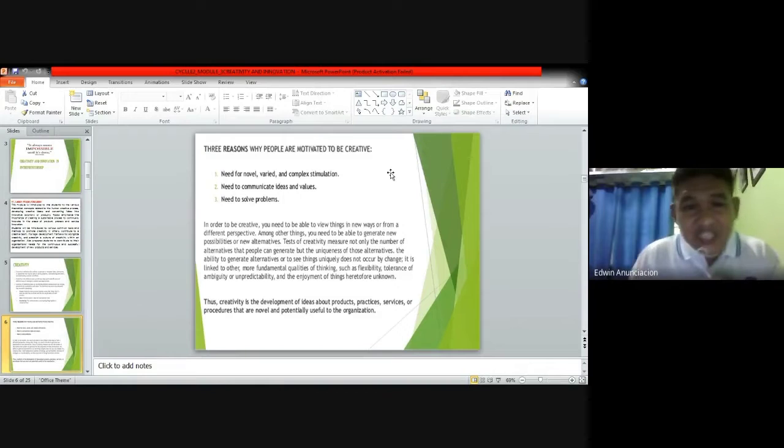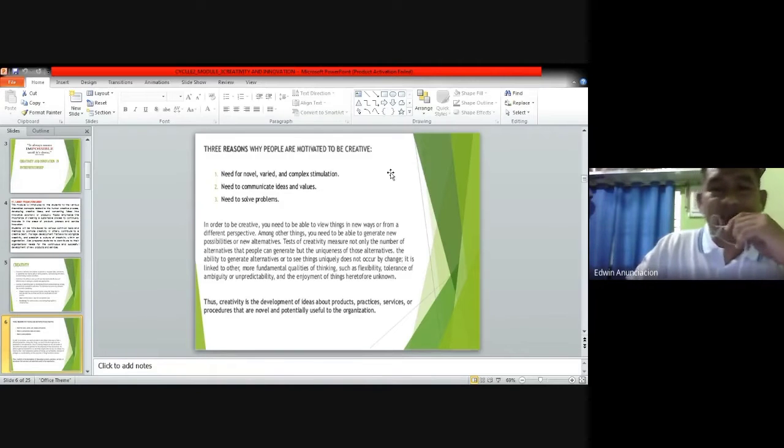Thus, creativity is the development of ideas. If it is in entrepreneurship, again, it's all about the ideas of products, practice, services, or even the methods or procedures that are novel and potentially useful to the organization.